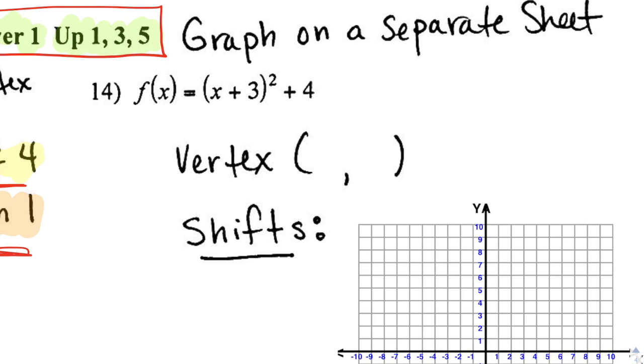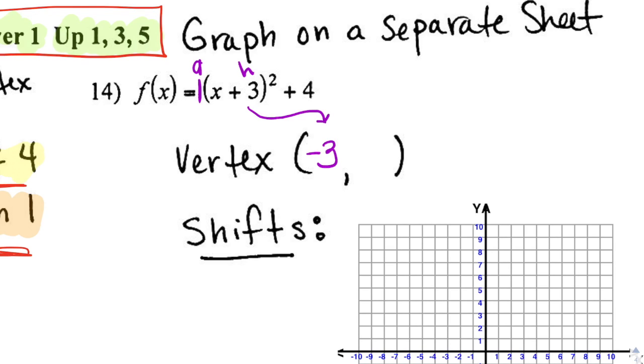I'm going to label my A value right out front because that's what gives us the basic pattern that we're going to use on the first part of this assignment. Then I'm going to label my H value, and actually I'll just take it one part at a time. So I've got the H value, and when I pull it out of the parentheses and put it into my vertex, I'm going to change it to its opposite sign.